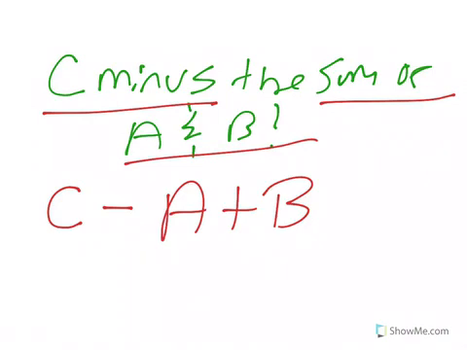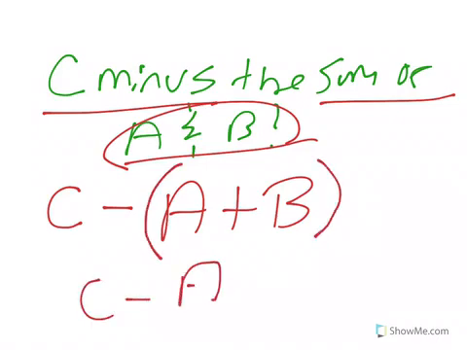So, is this correct? In its current form, it is not. It looks right, but it's not. Because here's the thing. We're going to take c, whatever that number is, and we don't want to take away a or b. We want to take away both of them together. So we have to have parentheses here, right?